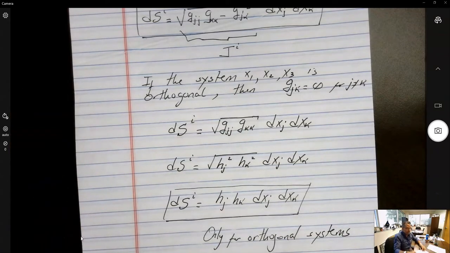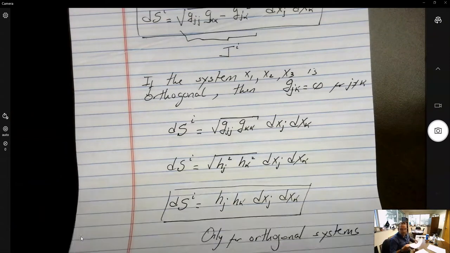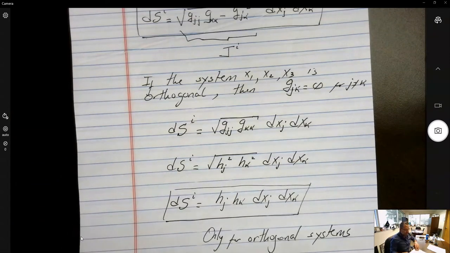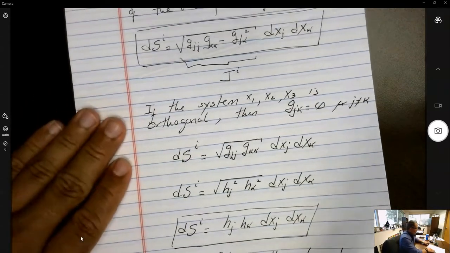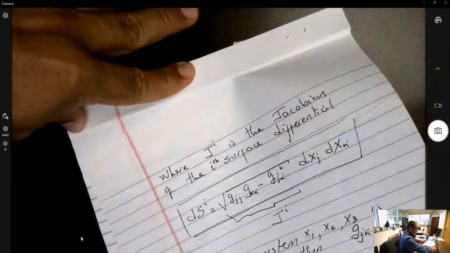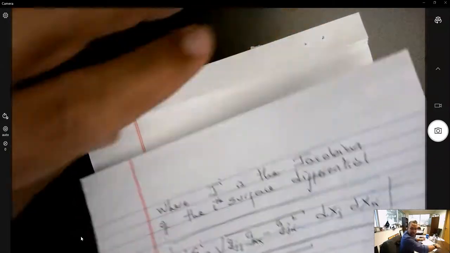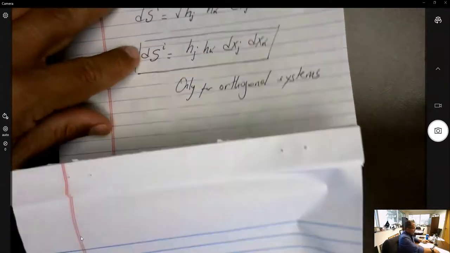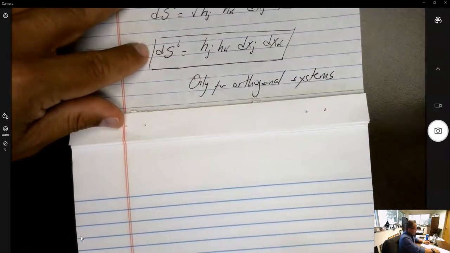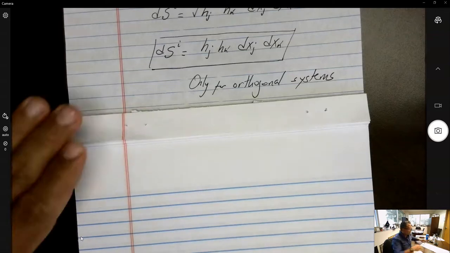All right. So let's continue with the third kind. The third invariant is the volume.